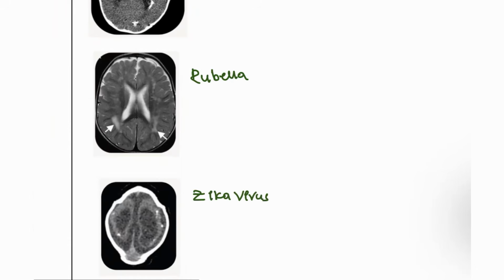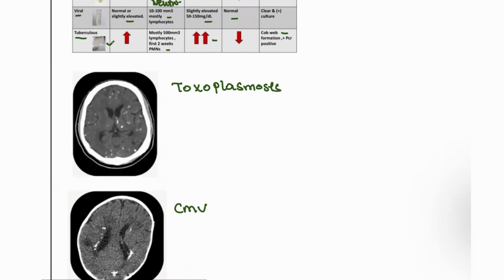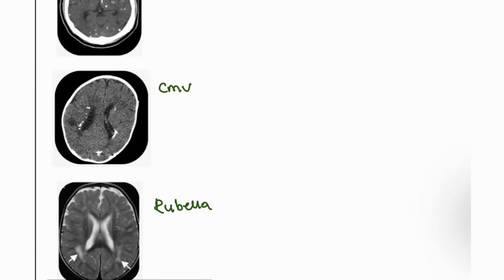Before we know about the triads, let's see what the CNS findings are. For example, in toxoplasmosis, you are going to see intracranial calcifications. Okay, this is seen in toxoplasmosis. In CMV patients, periventricular calcifications are seen.